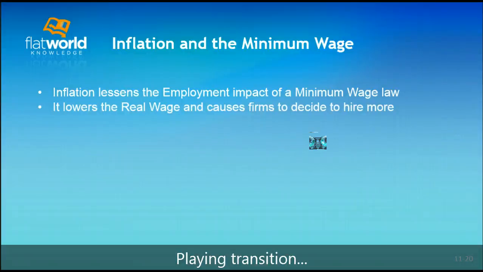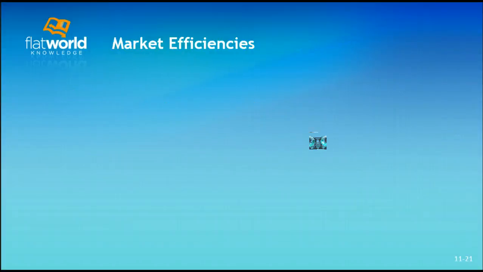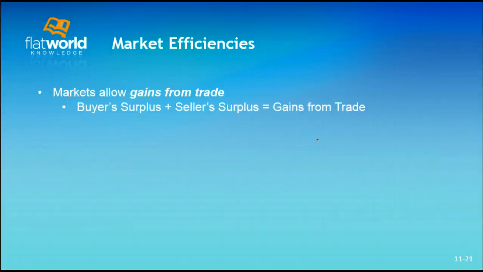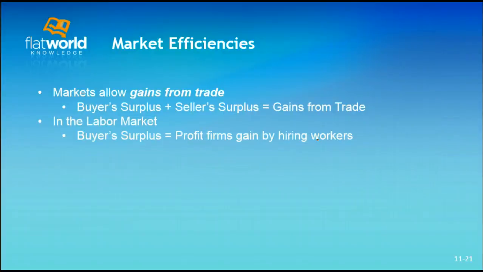Now, when we evaluate the minimum wage, economists like to look at efficiencies. Let's remember what market efficiencies even means. Remember that when there is trade happening in markets, what they allow for are gains from trade. And remember, gains from trade are the buyer's surplus plus the seller's surplus. In the labor market, the buyer's surplus is the profit that firms gain by hiring workers.